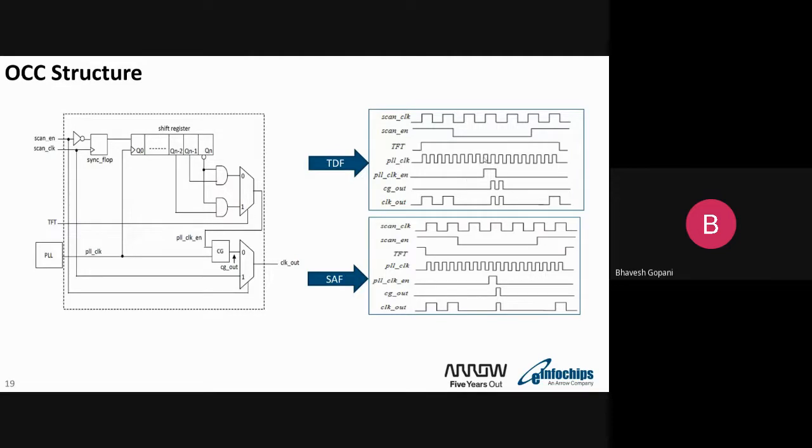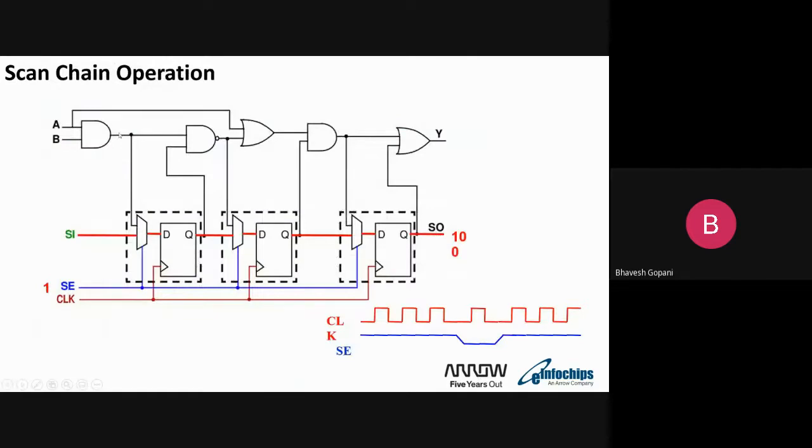Launch pulse means, let's say, if I want to try this node for TDF, initially I place 1 here, and this is also 1, so my output is 1 in the AND gate. If I make it transition 1 to 0, then my output should go 1 to 0.